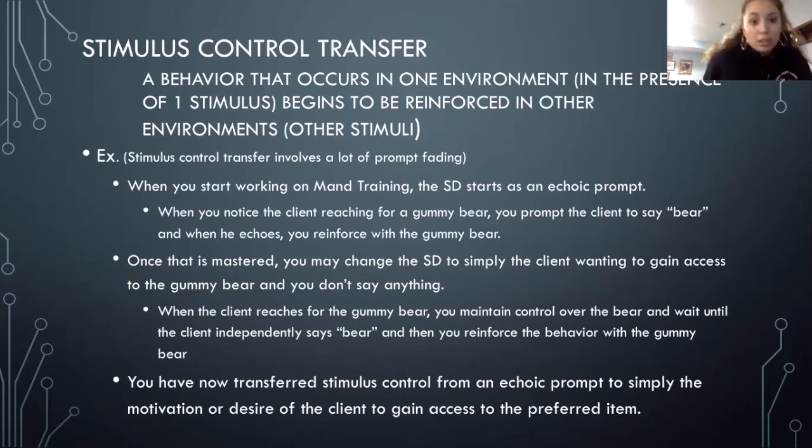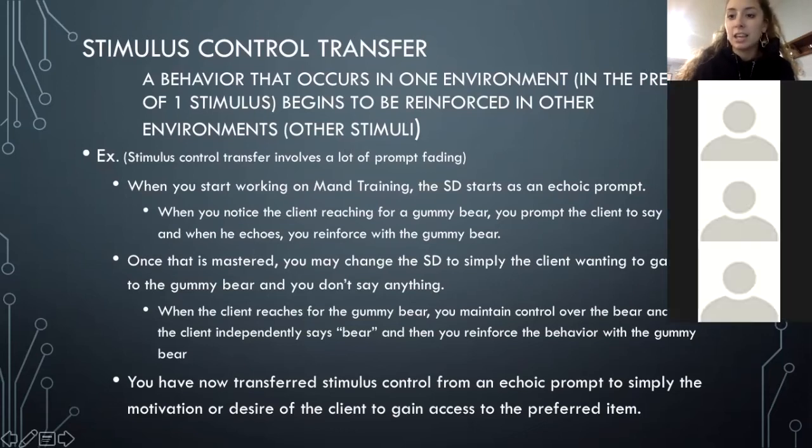So now, in order to complete a stimulus control transfer, we are going to go from an echoic prompt to just the motivation or the desire to gain access to this gummy bear. So it will start from an echoic prompt, but then hopefully with stimulus control transfer, we can make it so that the kiddo is asking for bear just at the presence of a bear or a gummy bear, right?